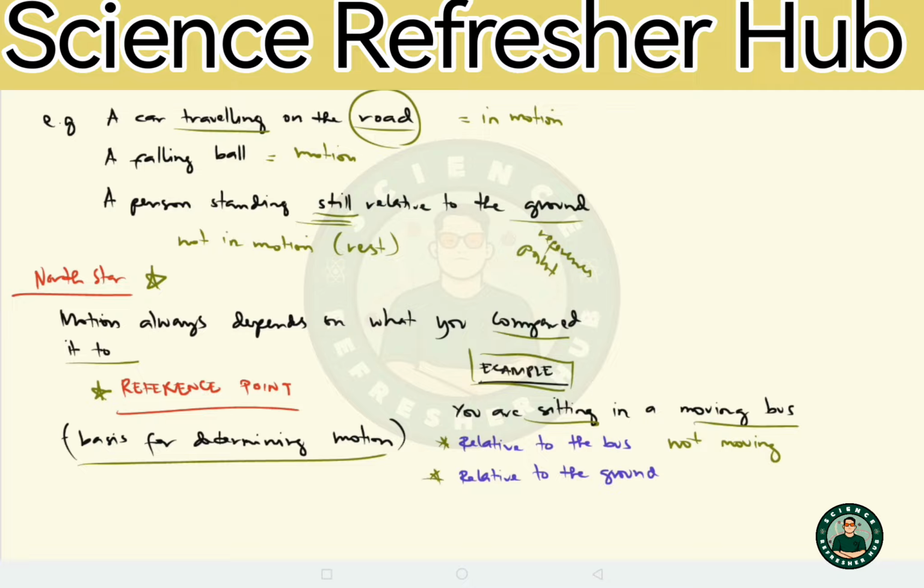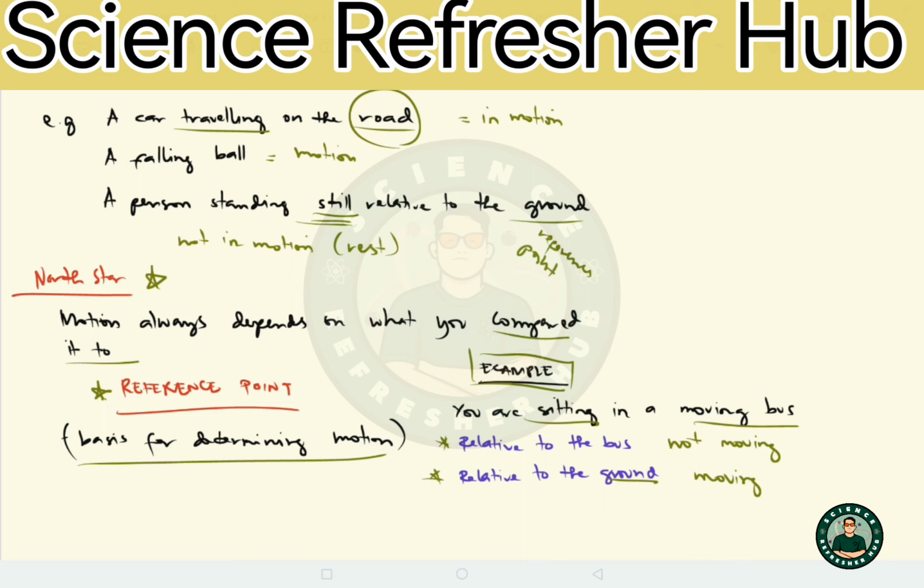But if you are sitting in a moving bus, relative to the ground now will be the reference point. Okay, so on the ground, when you're observing a moving bus, you're sitting there and the bus is moving relative to the ground, so you are definitely moving. I hope it makes sense.